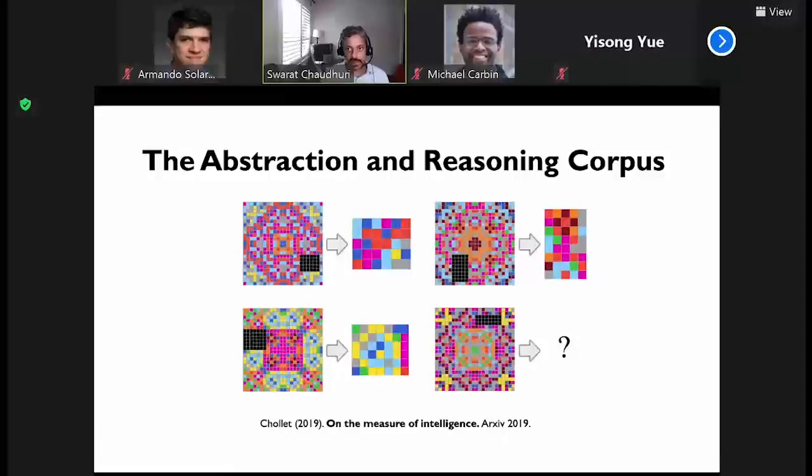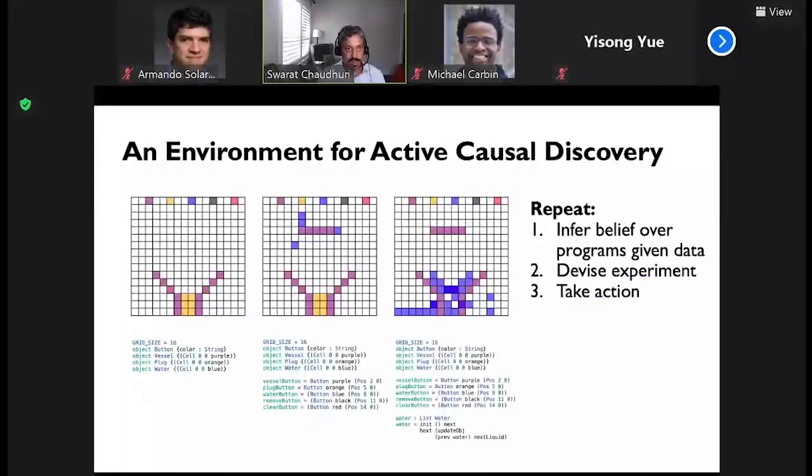And finally, some folks in Josh's team, and I believe Zena and Ria are leading the development of this environment. They have developed this very interesting environment which models active causal discovery. So you're given a scene, and you're able to click in various places.